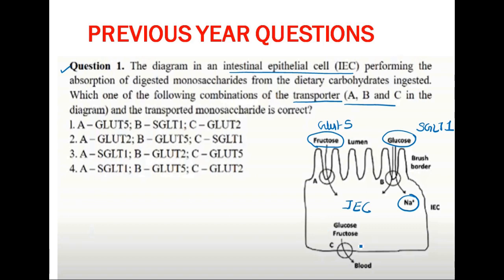And from the enterocyte, that is intestinal epithelial cell, glucose and fructose are moved out into the blood by the GLUT2 transport molecule, and this works by the process of facilitated diffusion. So if you see the options, the first option is correct. A is GLUT5, B is SGLT1 and C is GLUT2.